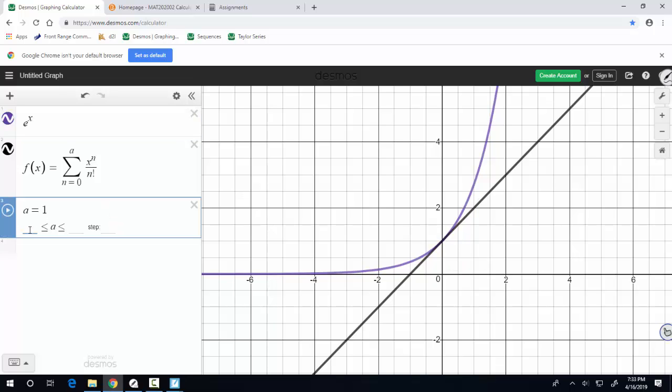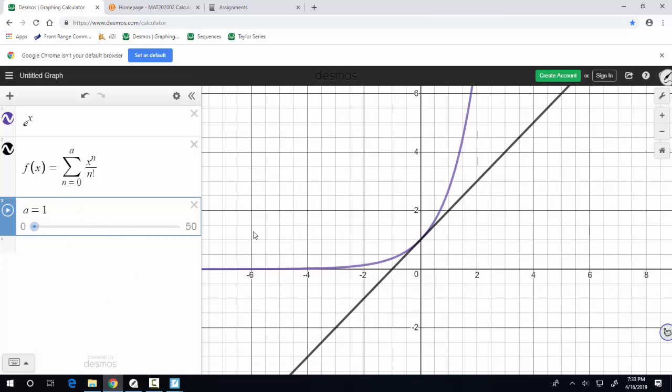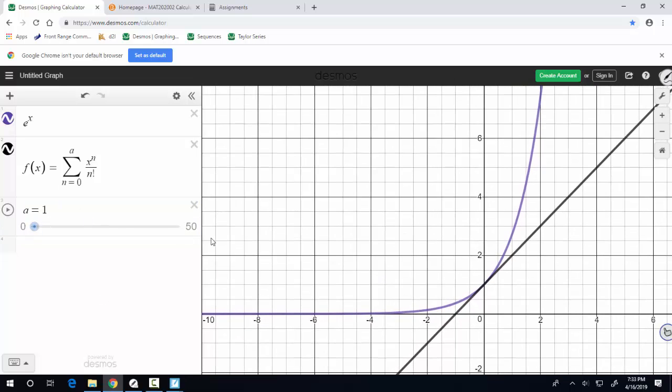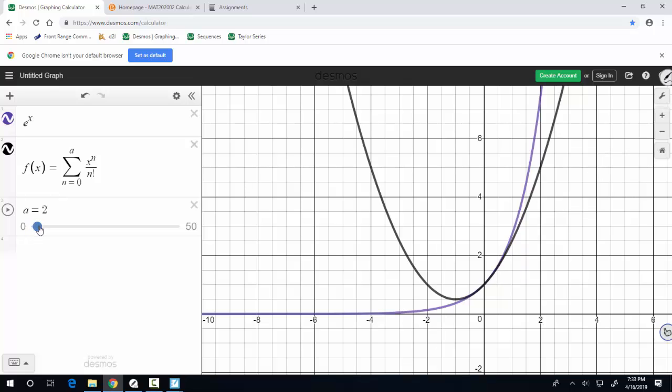Let me modify this. Go back to see what happens. So there's our quadratic, there's our second degree Taylor approximation, or polynomial rather.